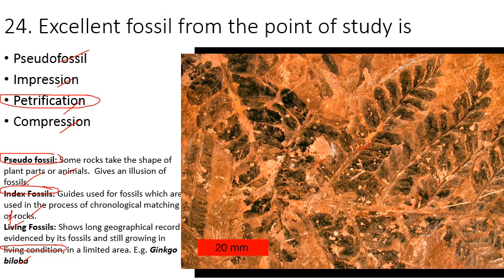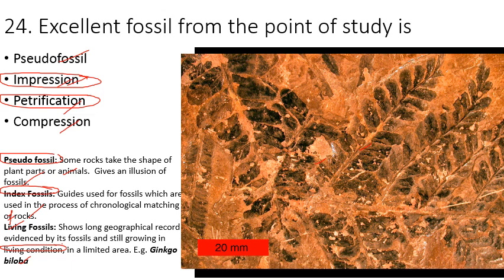The next comes impression. So impression is again a two-dimensional fossil structure which is formed of flat dorsiventral or two-dimensional plant body, such as we have leaves, sporophylls.